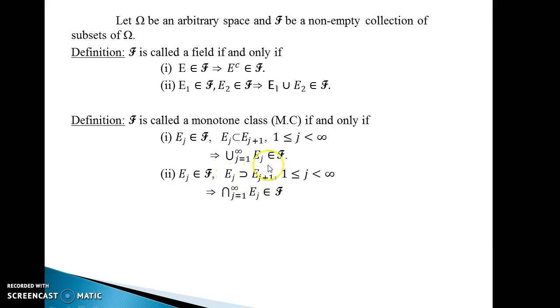So if we consider a monotonically decreasing collection of sets, then their intersection belongs to F. So we say a collection F of subsets of omega is a monotone class if and only if it is closed under countable union, provided the collection is monotonically increasing, and it is closed under countable intersection, provided our collection is monotonically decreasing.